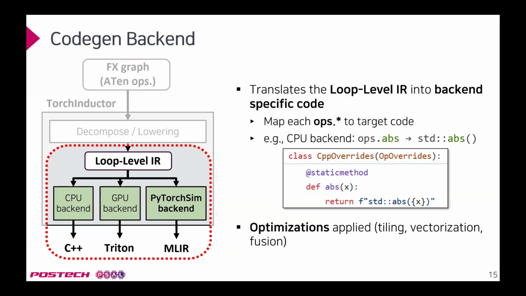While Torch Inductor supports C++ and Triton, it is highly extensible. So as you can see on the left, we extend it to support custom backends like PyTorchSim, which generates MLIR. And during this code generation process, optimizations such as tiling, vectorization, and operator fusions are applied to ensure maximum performance.